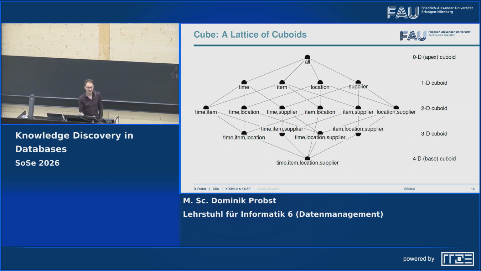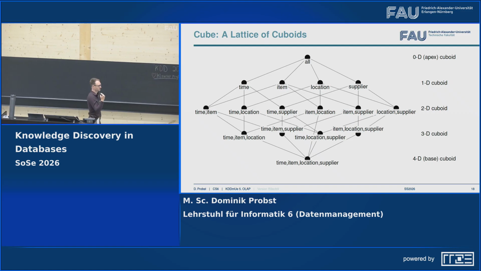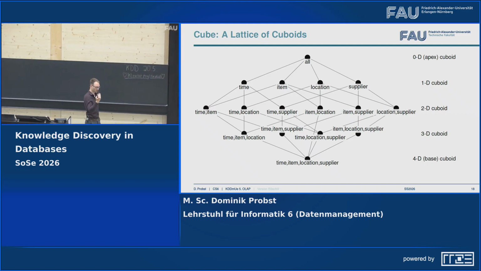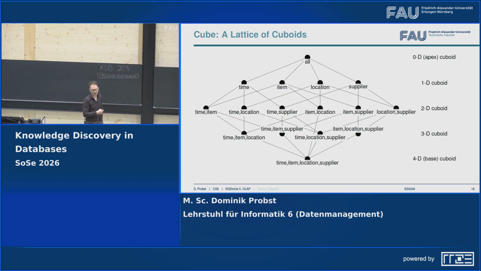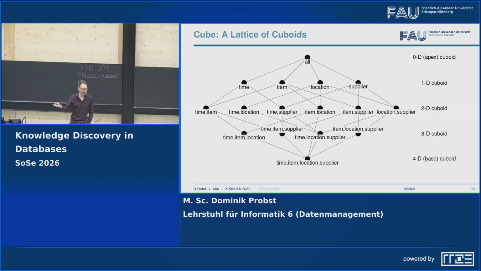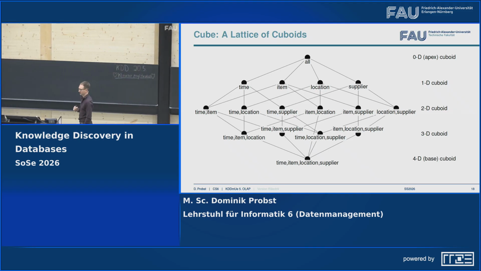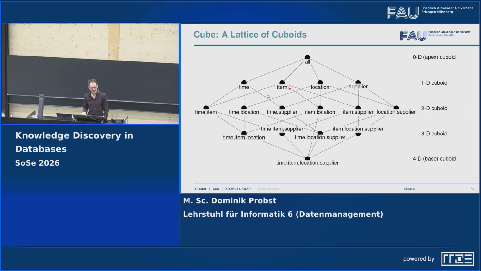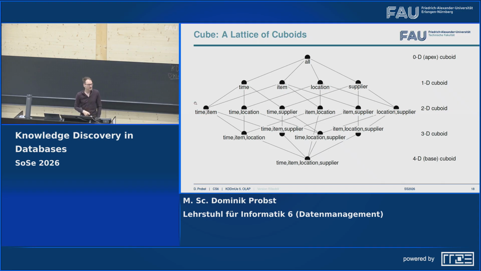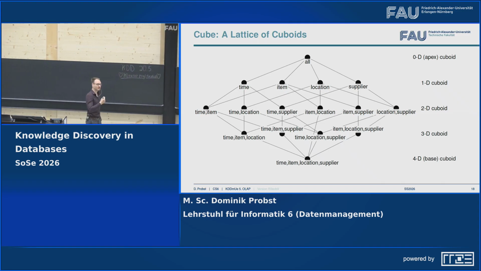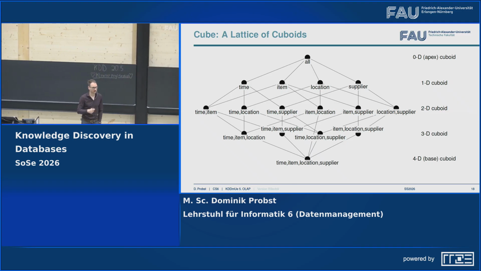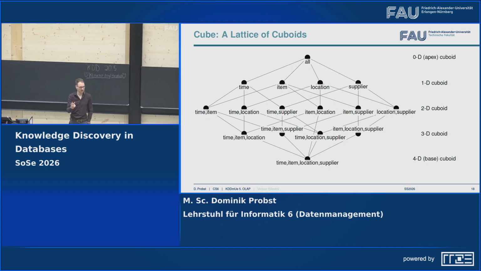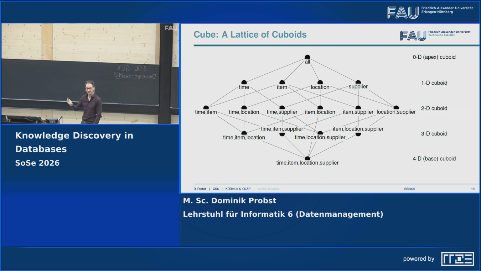So if we say we only select, we want only to analyze years, data of 2025, then we are in a 1D cuboid. If we then say we want only to analyze data from 2025 with TVs in mind, then we are in a 2D cuboid because we are selecting 2 dimensions.